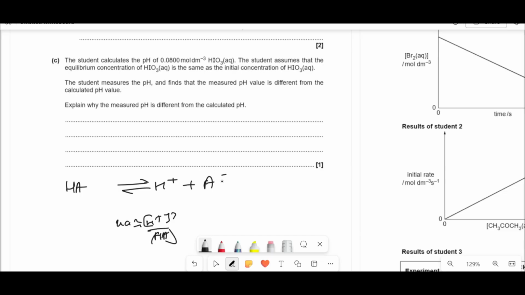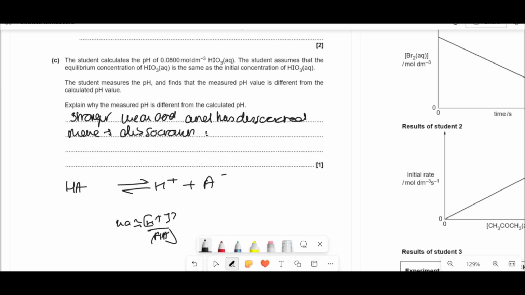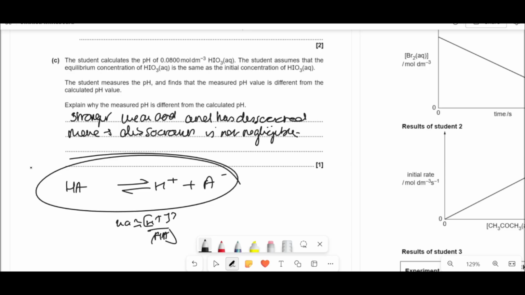So clearly that's not working anymore, which means it must have dissociated enough for this to be a thing. So therefore that's what you would say. It must be a stronger weak acid and has dissociated more. And this dissociation is not negligible. Because usually we assume it's so far to the left, there's barely any of this, that's why this works. But clearly if that's not worked, this doesn't hold.